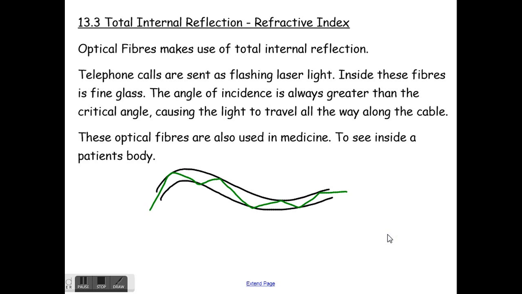This also can be used in medicine. So doctors have a little scope basically that they use that sends light through so you can actually see what's going on because it's really dark inside of your body, I'm sure you'd guess. And then also with light going through the cable so you can see, it also reflects in such a way that you can actually look through it and see whatever it's pointing at.